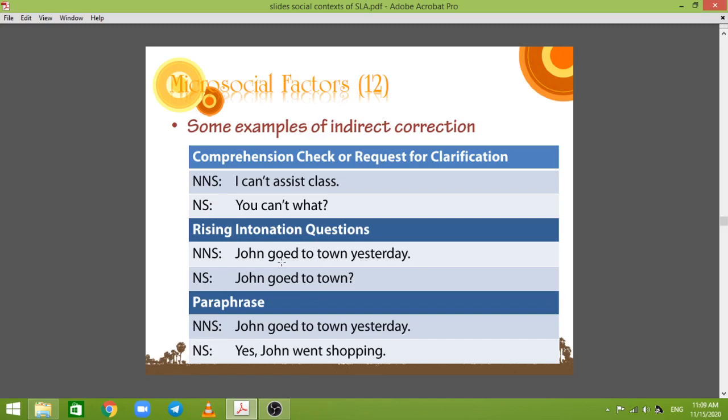This sentence has an error with "got", which should be "went". Therefore, NS tries to raise intonation, "John got to town?" in order to alert NNS that he or she should check the word "got" again. Or it can be a paraphrase, everyone. NNS said, "John got to town yesterday," and NS, "Yes, John went shopping." Just make a restatement with another replacement word to alert the mistake for changing.